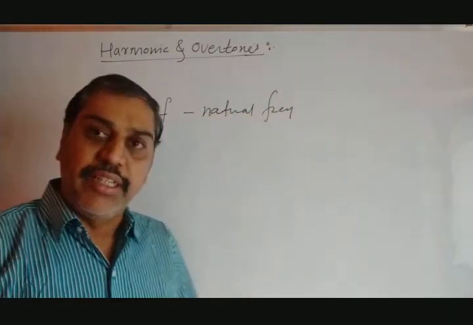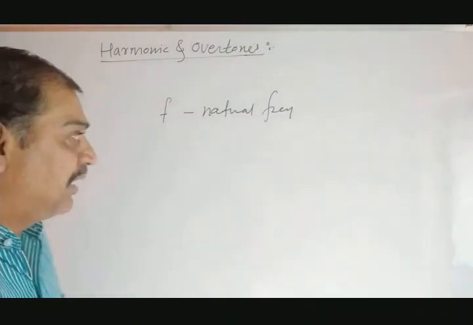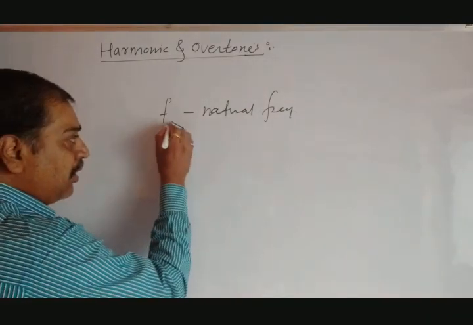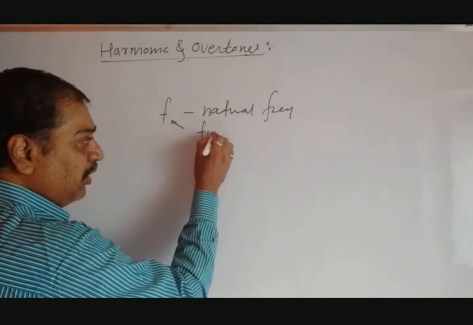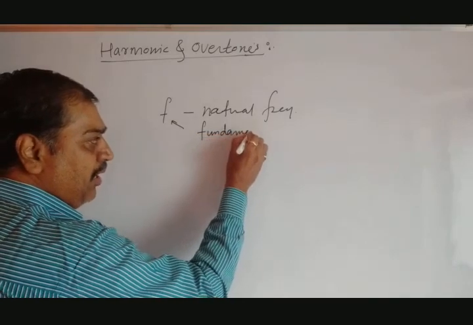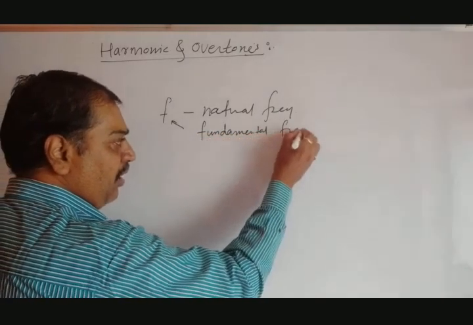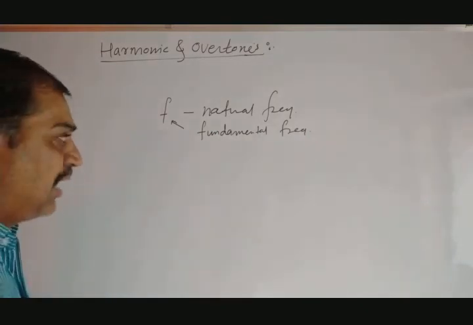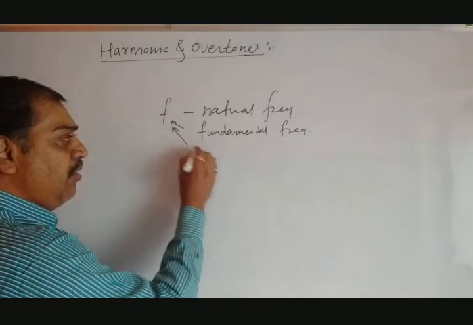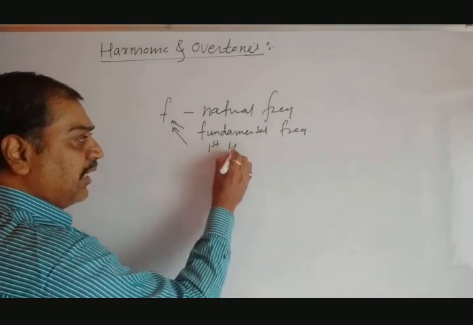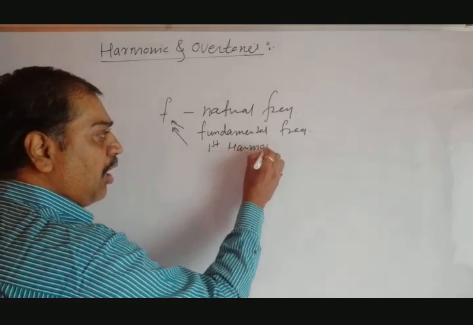Body is vibrating with this natural frequency F, then this F is also said to be the basic frequency of vibration, that is nothing but the fundamental frequency. Fundamental frequency of vibration, and this itself is said to be the first harmonic.